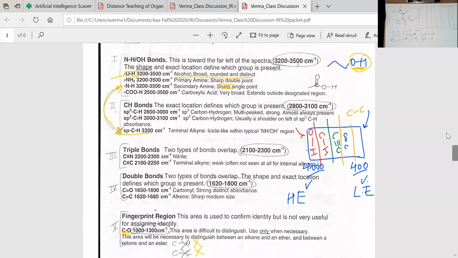If you look at the first page of your IR packet and you compare which region the OH belongs to, we see that the OH belongs to the 3200 to 3500 centimeter inverse region, region 1, and it is a broad, round peak.